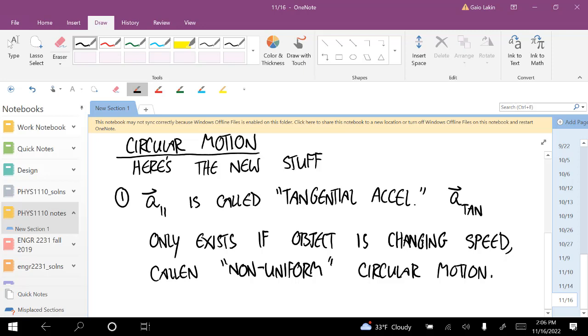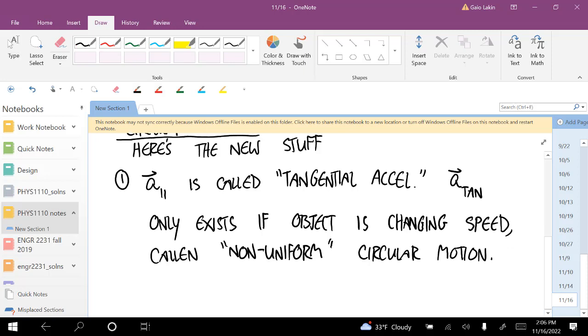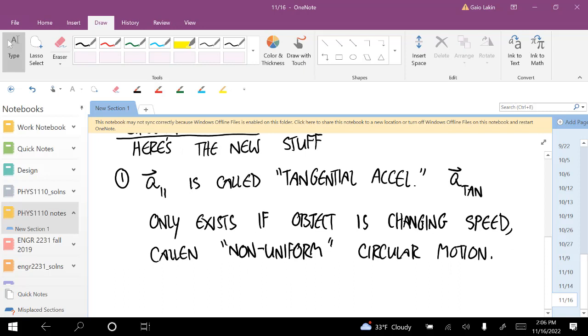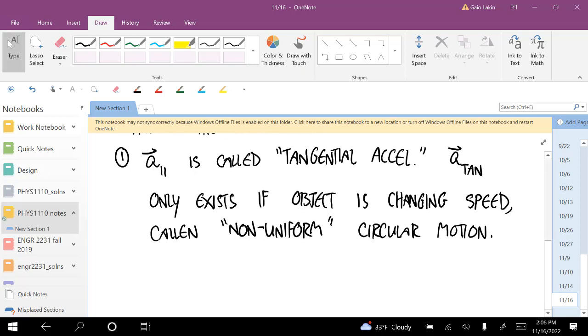If an object is in circular motion and it's not changing speed, what's that called? Uniform circular motion, yep. And the uniform just refers to the speed. So if the speed doesn't change, it's uniform. Okay, so this one isn't too tricky. You just have to think the same way that you did about a-parallel, and if it's a circle, we call it tangential acceleration.